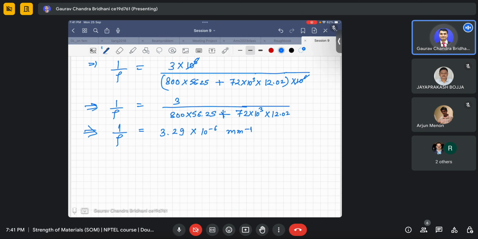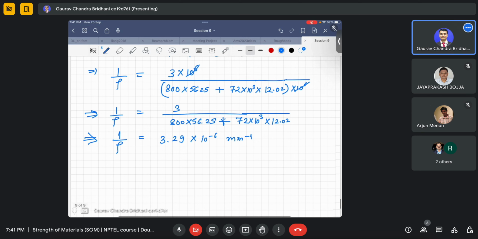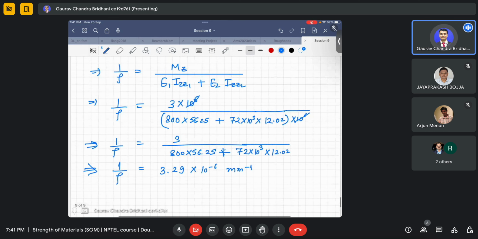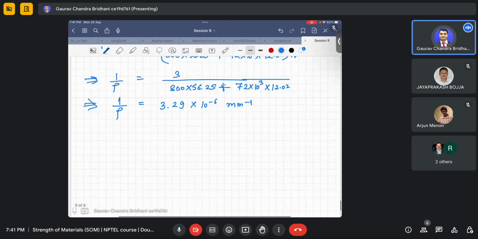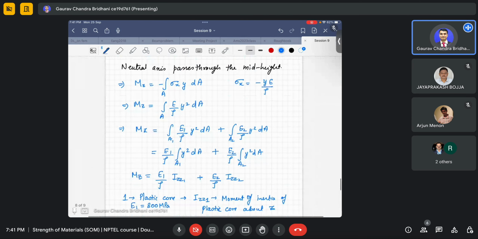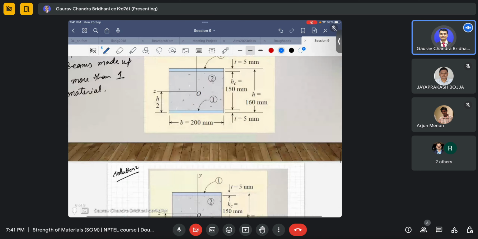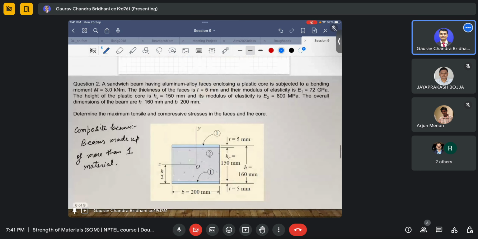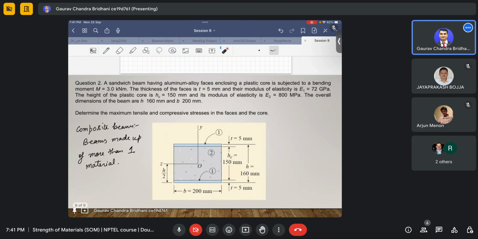Okay, this we found. Now what we need to find? Let's see our objective first. It asked us the overall thickness, and to determine the maximum tensile and compressive stresses in the faces and the core.